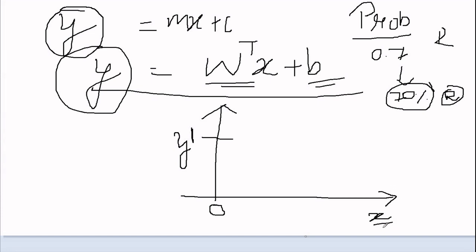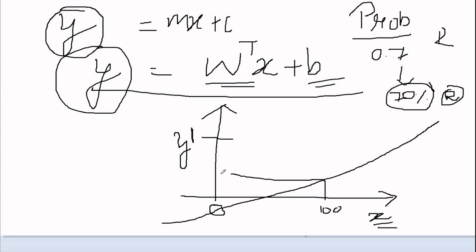Now think that x can take any values from minus infinity to plus infinity, right? Now suppose we get a line like this, and here we are predicting if a person has diabetes or not. Suppose this is the value 100, and this is 0.3.